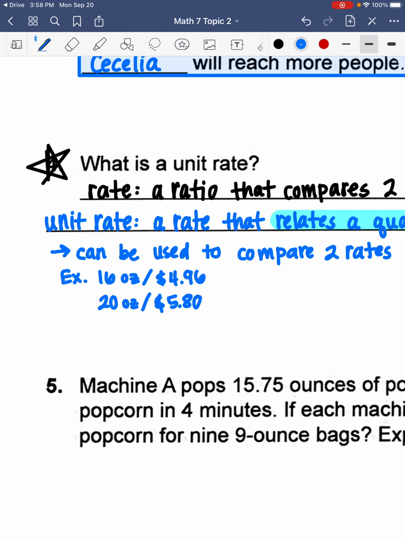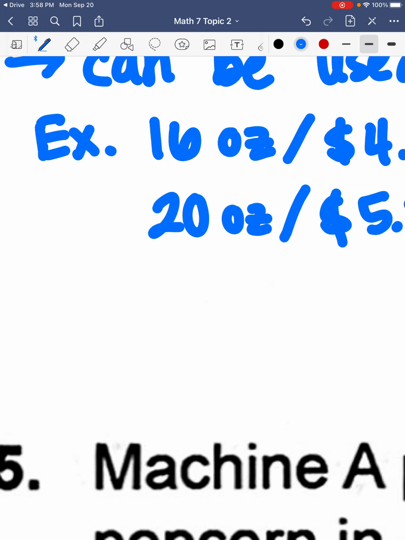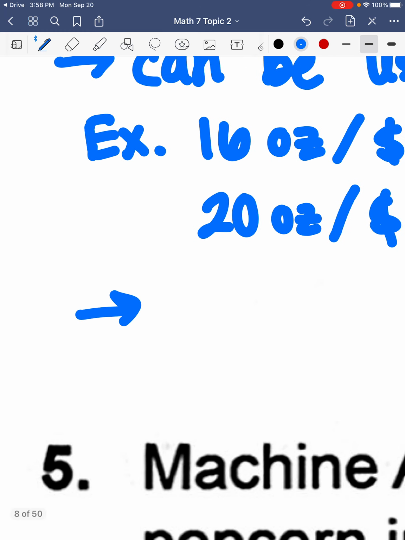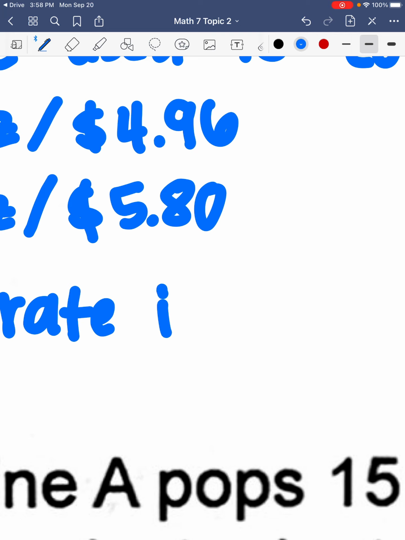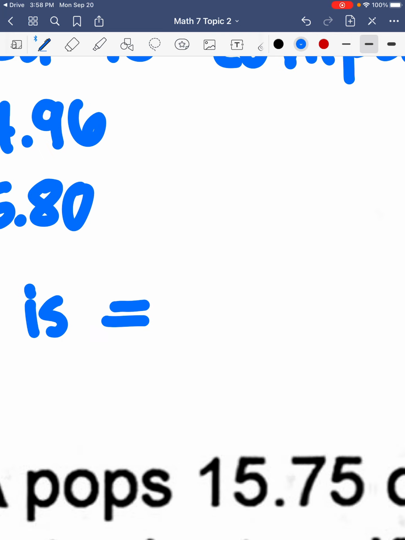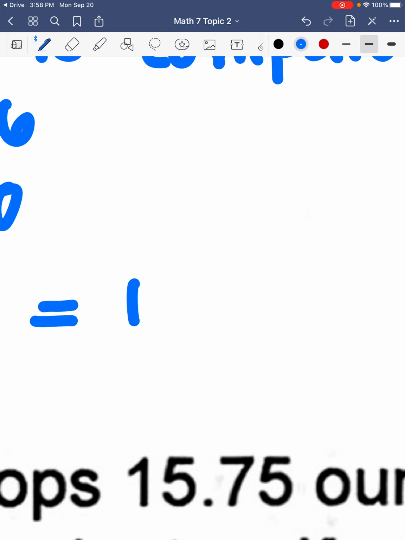So by finding the unit rate, how much the chips cost per ounce, I'm able to get a better deal, a better bargain. Also, one thing I want you to know is that any rate is equivalent to its unit rate.